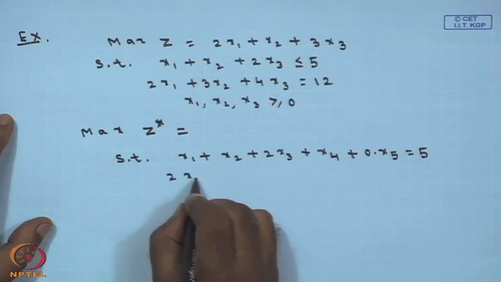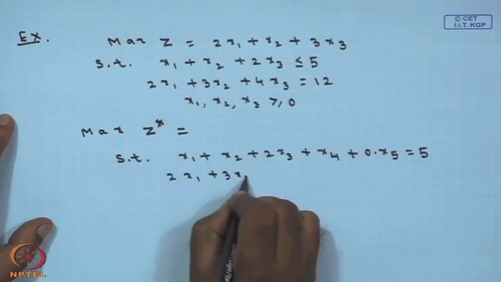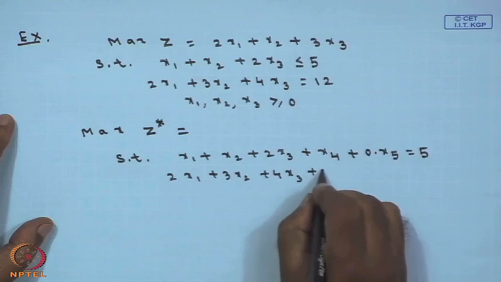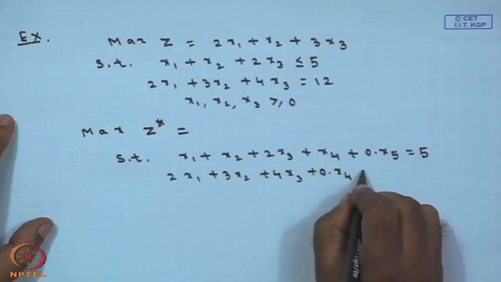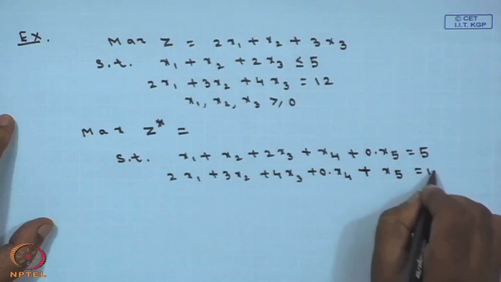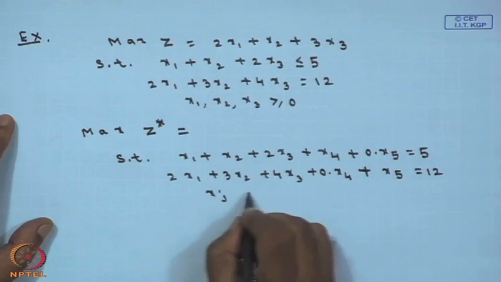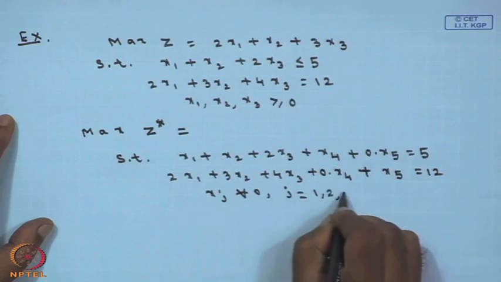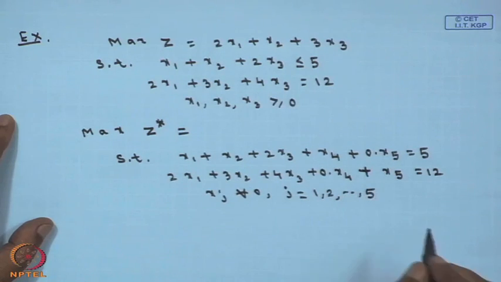For the next one, 2 x 1 plus 3 x 2 plus 4 x 3, plus x 4 is absent, but this one will be plus x 5, equals 12, with x j obviously greater than or equal to 0 for j equals 1 to 5, since we have only 5 variables.